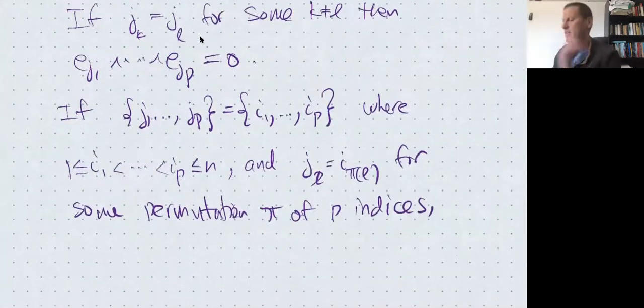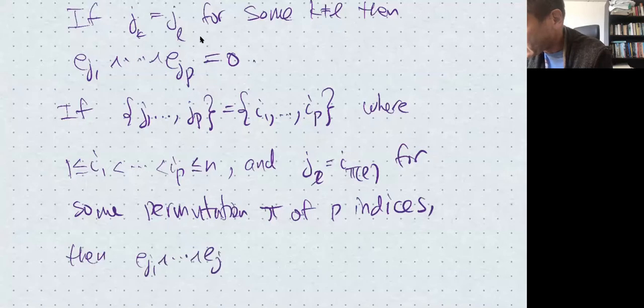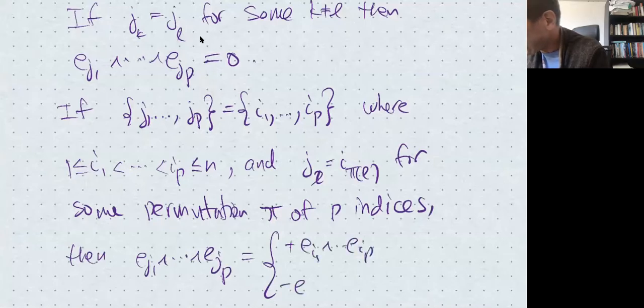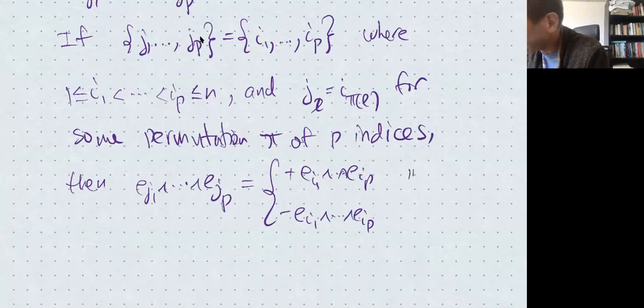So if that's the case, if there's no repetition, and these are the names, then we think of this formal expression as being either plus or minus the expression that we had before, depending on whether pi is even or odd.